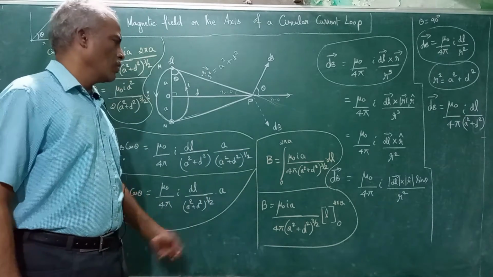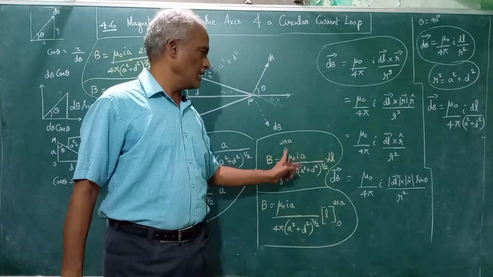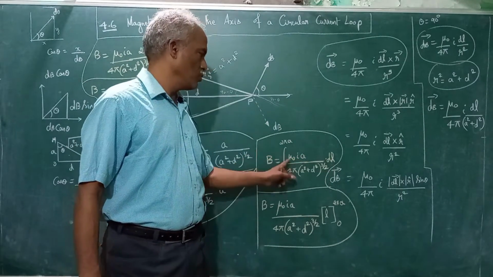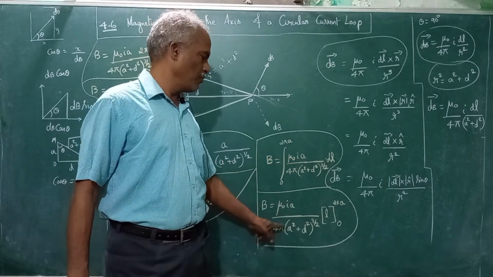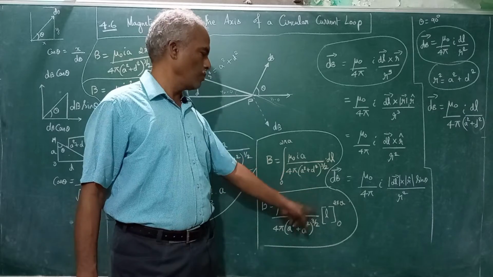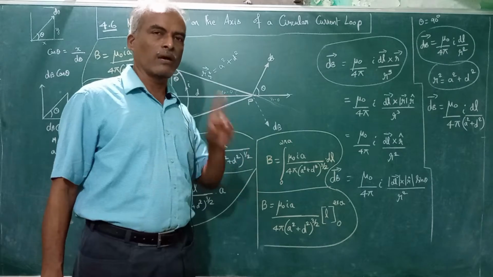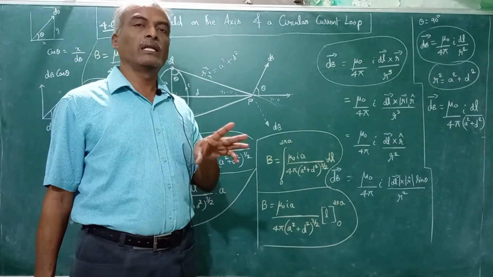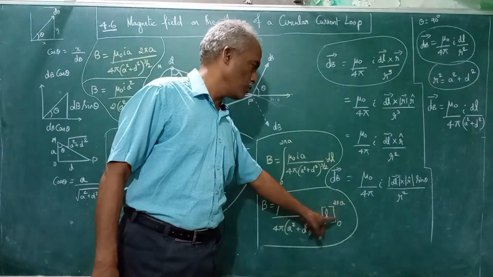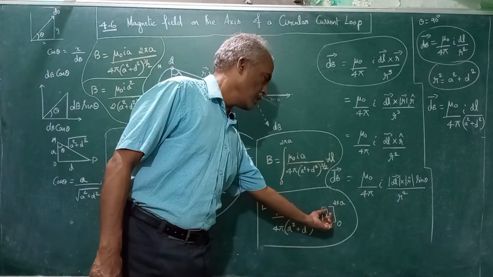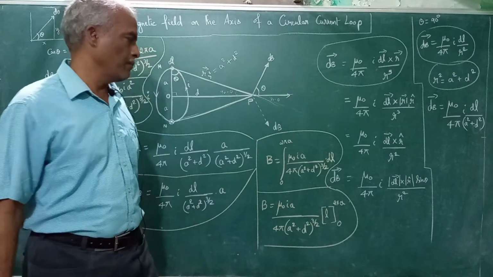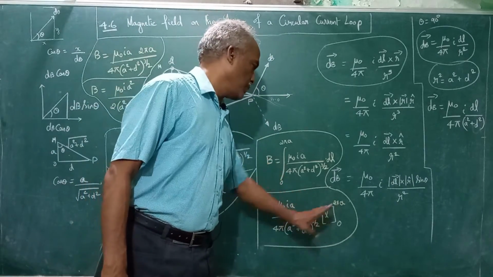That's the result we got here. So this is integration with respect to dl. So mu naught I a divided by 4 pi a square plus d square whole power 3 by 2 is taken outside. In the integral you have dl. Integral dl is L. So upper limit is 2 pi a, lower limit is 0. Therefore L value is 2 pi a. You have to substitute 2 pi a.